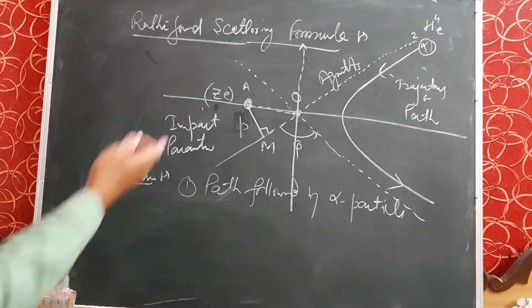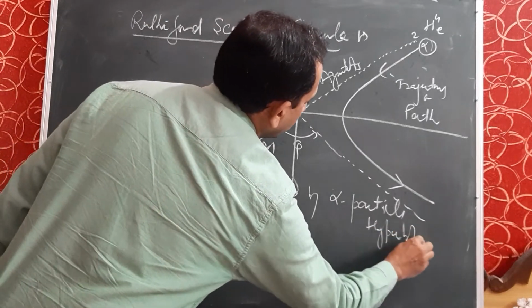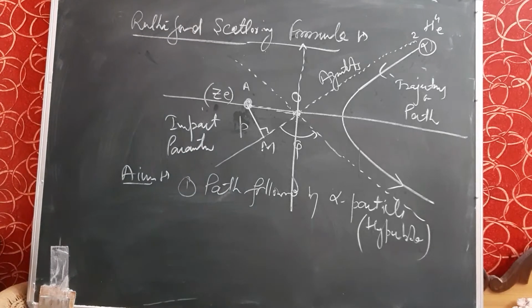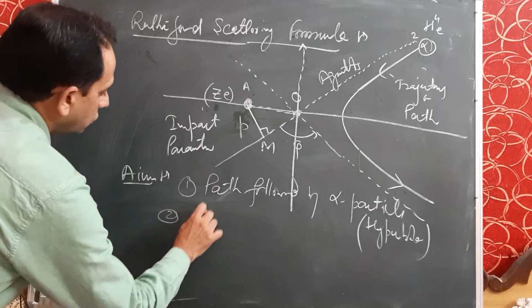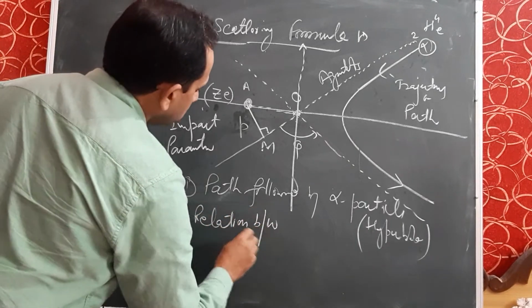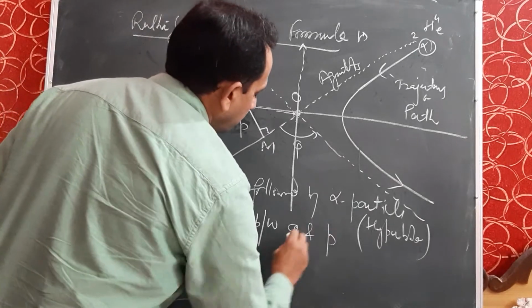We know that the path followed is a hyperbola, and we have to prove the equation for the hyperbola. Second, we have to find the relation between the angle of scattering phi and the impact parameter p.